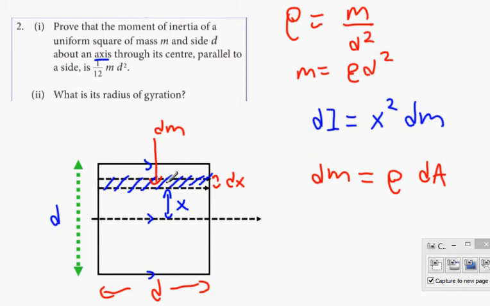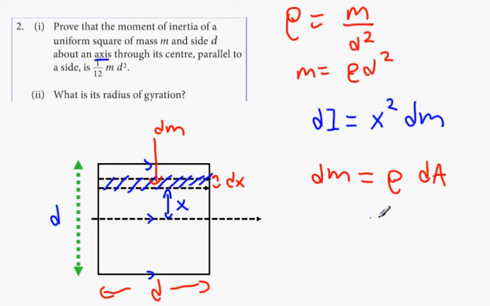That's what it means in English. This is the mass of the area, this is the mass per unit area, and this is the area of that part there. The next part after that is we now have to change it. The variable is x, so we have to find a way to change the area into a variable of x.